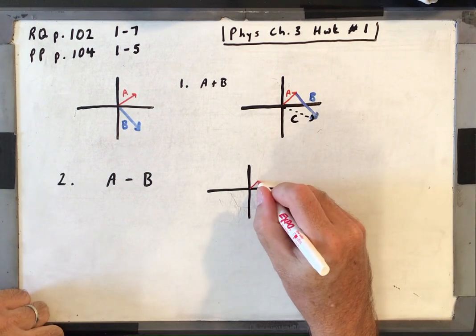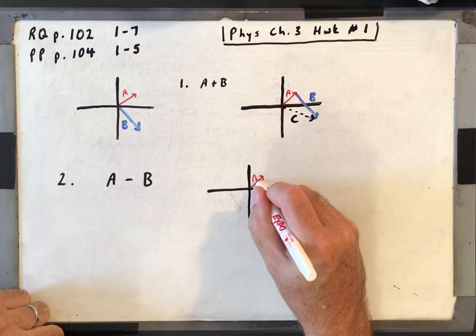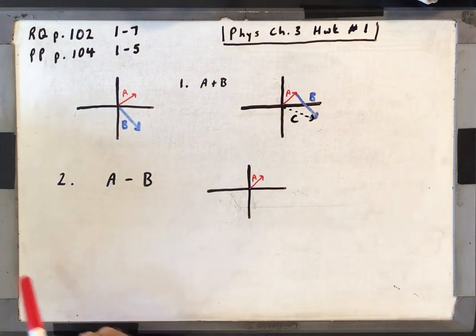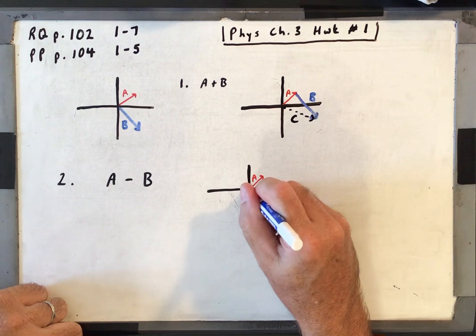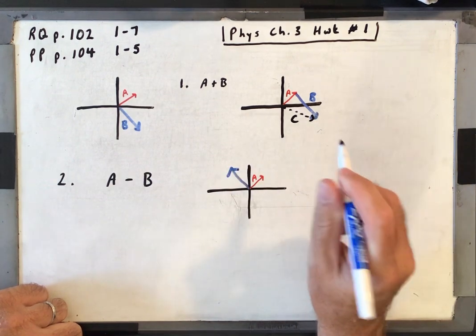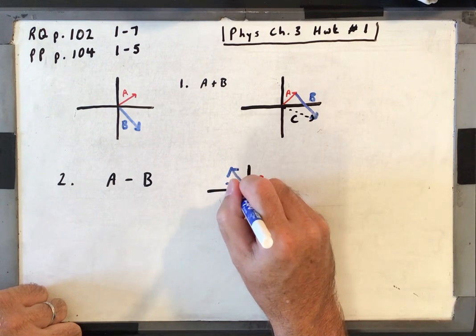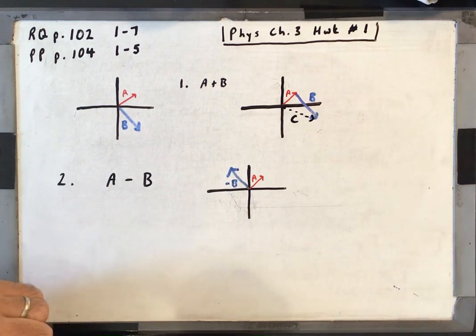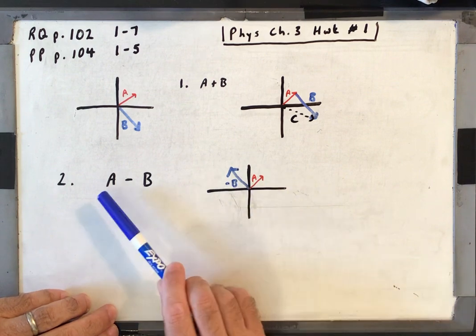So A is still something like that. Now B, we want to make negative. So the same length. So this is negative B. So that's A plus negative B is the same as A minus B.